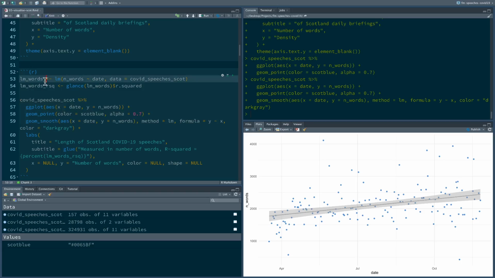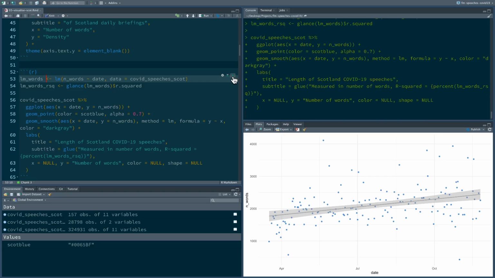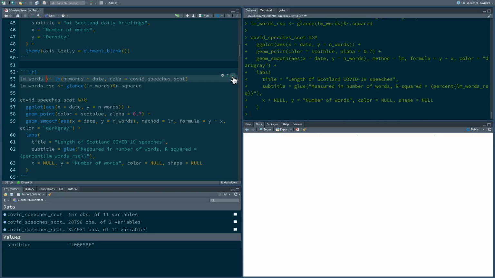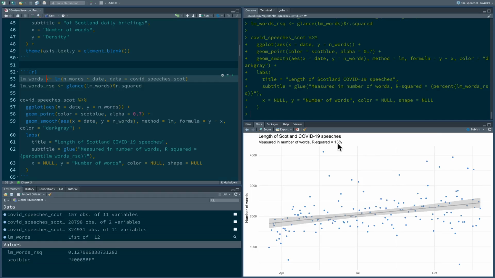Another thing I have done here is fit a model and then saved the R² of that model, and I'm adding that value to the title of my plot. The R² is pretty low, 13%, and we are seeing a lot of scatter around this line.